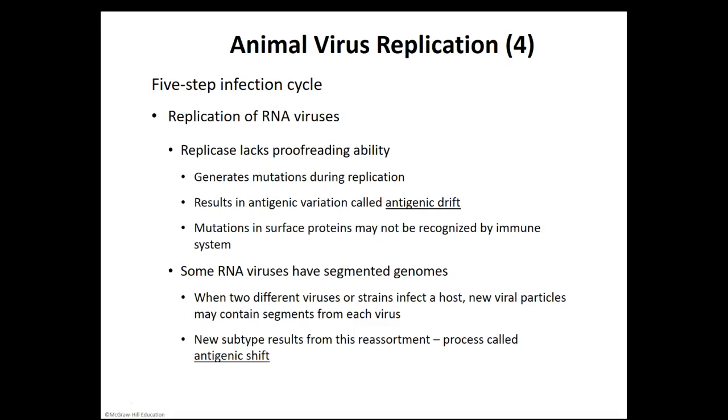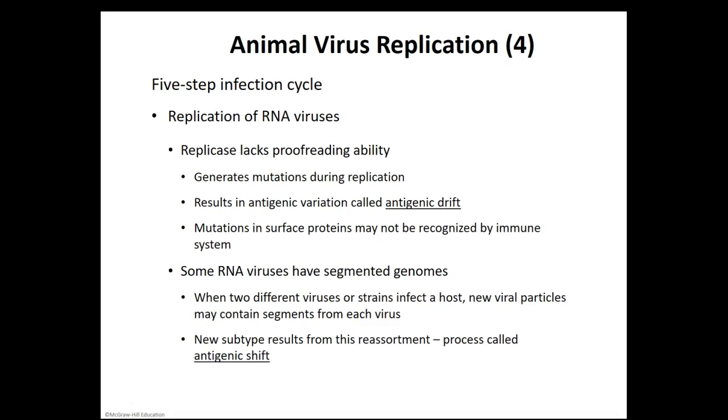This leads to two potential effects that are seen in RNA viruses. The first is called antigenic drift. When the replicase makes random mistakes, these mistakes can lead to mutations. And these mutations can change the surface proteins and the antigens present within a viral envelope, or on the surface of a naked capsid if it doesn't have an envelope.